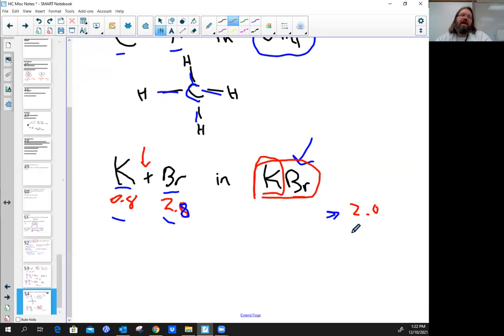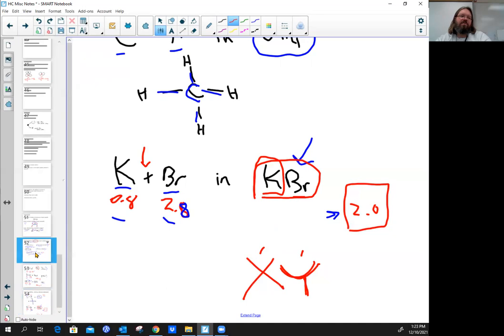Now, let's say we are on that border, and the two elements, let's just say element X and element Y. Let's say we're on that 2.0 border, and neither of the two elements is a metal. Okay. Well, then I would lean on calling it probably polar covalent.